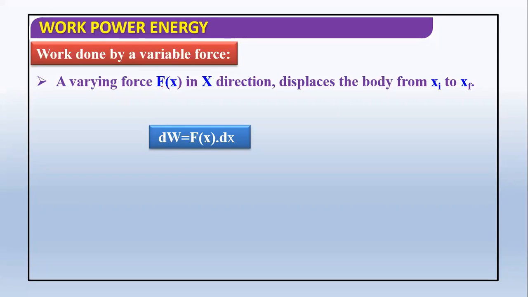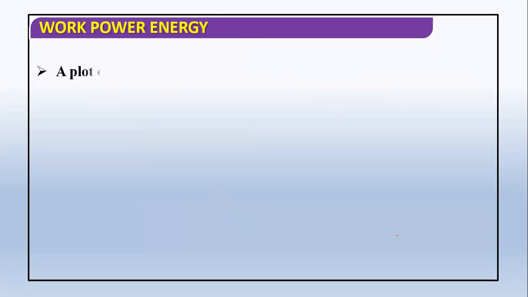The work will be force into displacement. For a small displacement dx, the work is F into dx, and then we integrate it to get the total work, from the initial point xi to the final point xf. We will see an example.